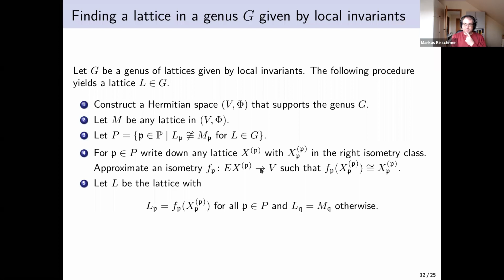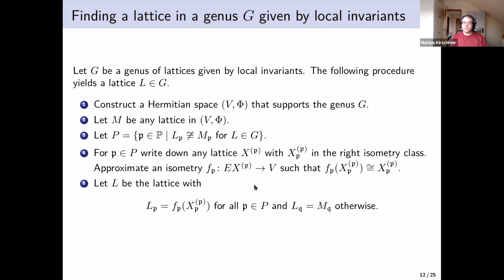Now we have a problem because now I have a global module that at a single place is correct, but this doesn't help me. This one doesn't live inside V. So what you can do is locally, I know that the embedding space here, locally, it must be isometric to VP. And now you lift this local isometry to an E-linear map.